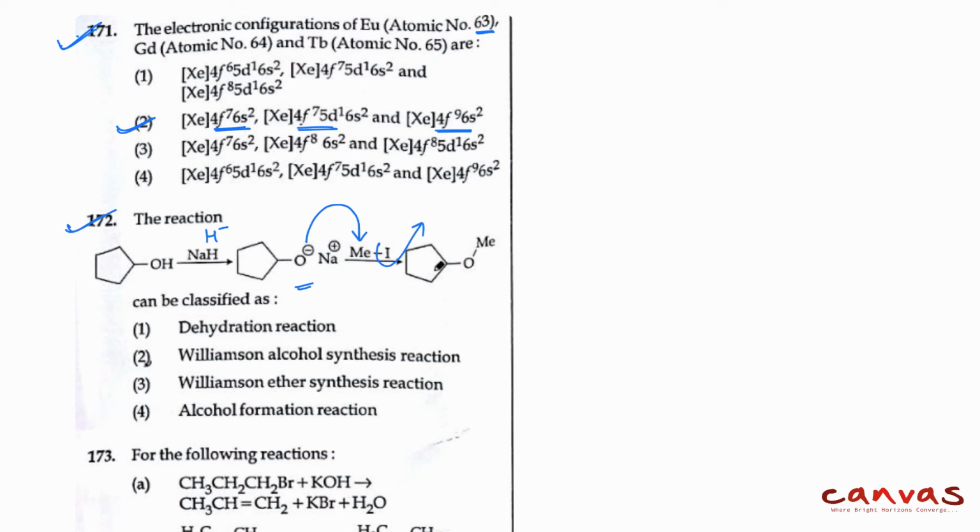Since it is a CH3I, a 1 degree halide, and it is a nucleophile, the nucleophile attacks from the back side, and being a 1 degree halide, it will only follow an SN2 reaction. So this is an SN2 reaction where we get ether as the final product. This is the Williamson ether synthesis, because it always proceeds by an SN2 mechanism.